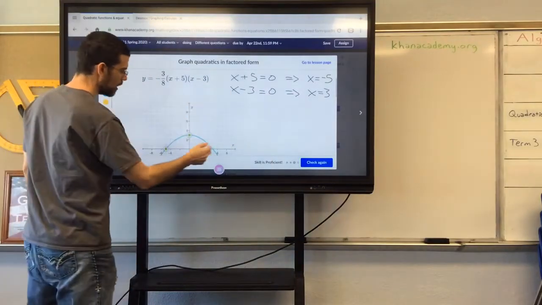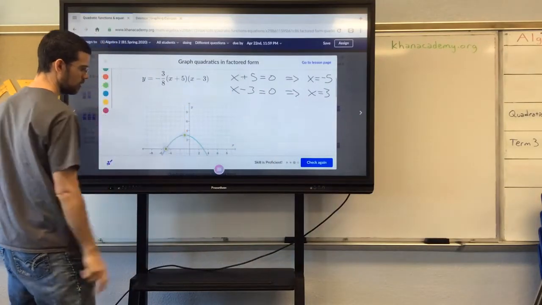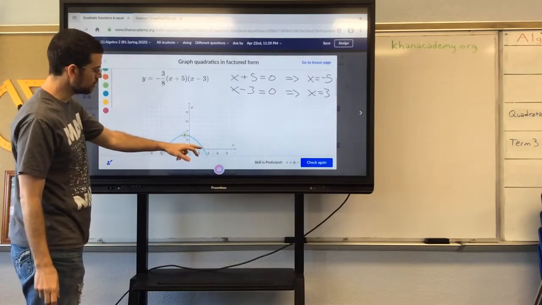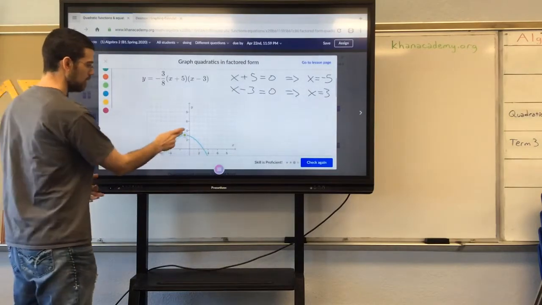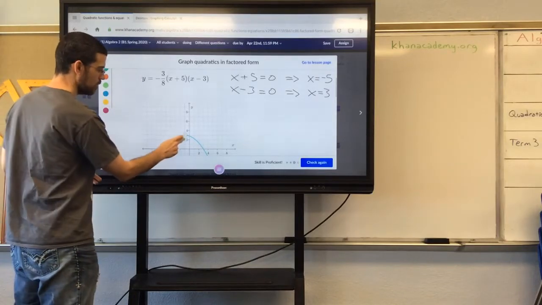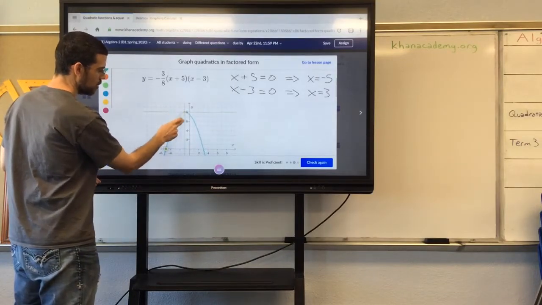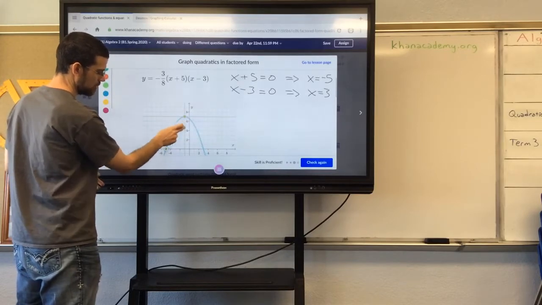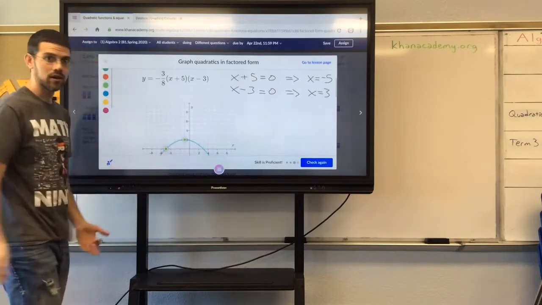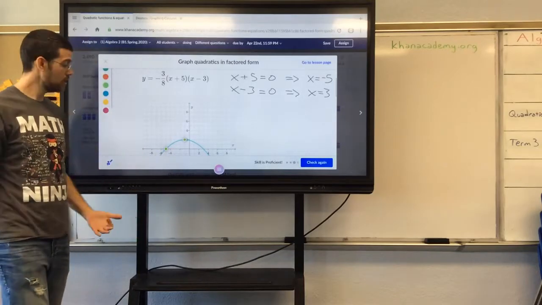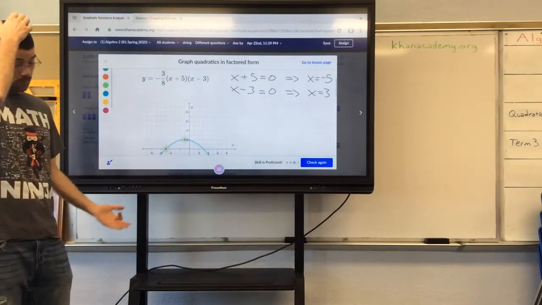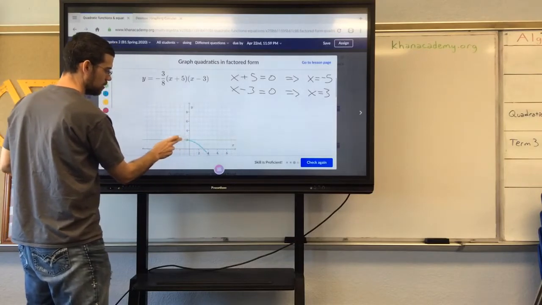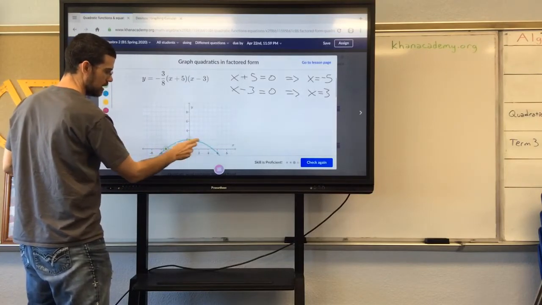Well, it's too far to the right, so I'll pull this over until I cross the x-axis at x equals 3. I've done that. Okay, now because this is symmetric, if I change where the vertex is vertically, it doesn't change where the function intercepts the x-axis. If I change it horizontally, it does impact where the function hits the x-axis.